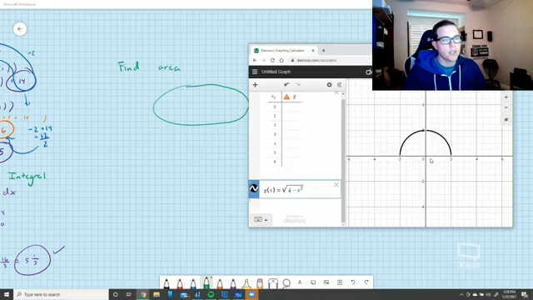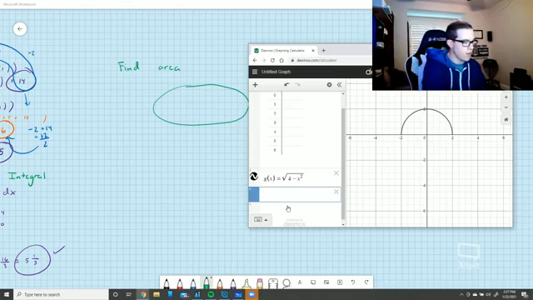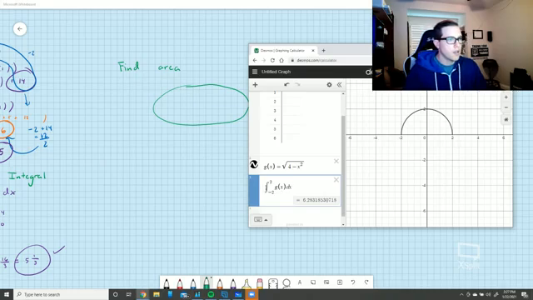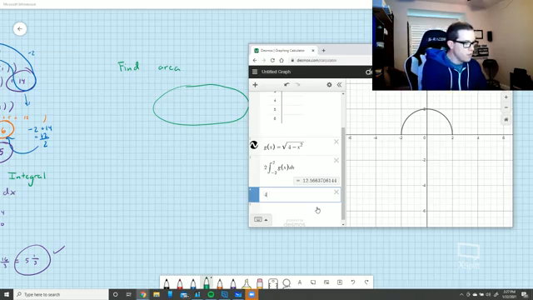And the radius looks like 2. So it would be pi times 2 squared, so 4 pi. So if I do the integral of g of x dx from -2 to 2, and I double it, what did I say this was? It should be 4 pi if it's a circle.